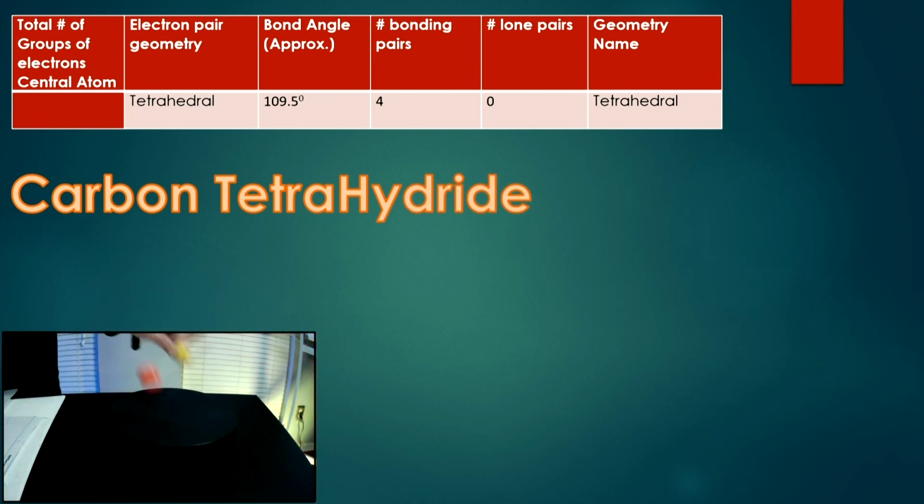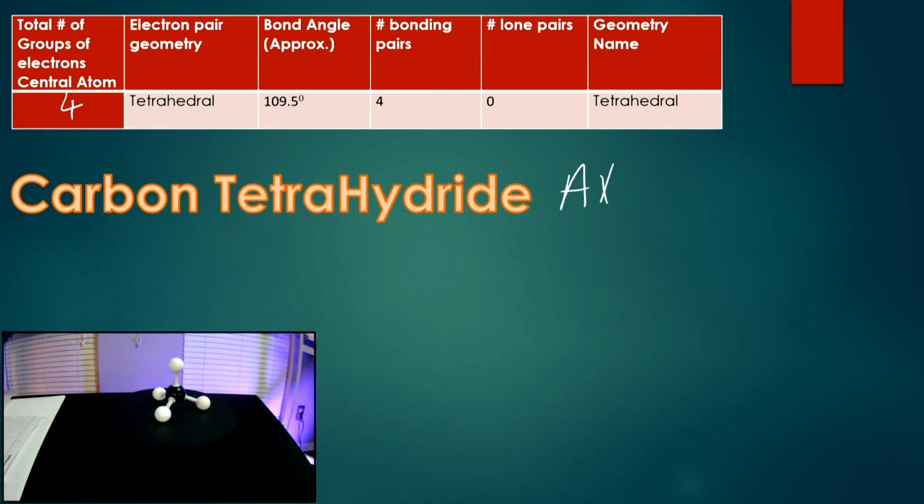Moving on to a molecule where we have 4 bonded pairs of electrons surrounding our central atom. The generic formula would be AX4 with the bond angle of 109.5 degrees. Our carbon is in the center.